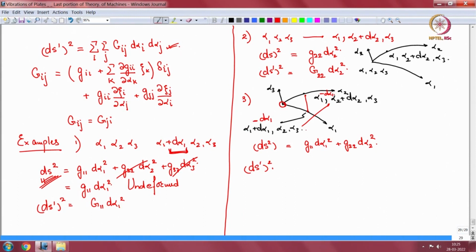This point becomes alpha 1, alpha 2, alpha 3, and this point becomes alpha 1 minus d alpha 1, alpha 2 plus d alpha 2, and alpha 3. So we want the deformed distance now between these 2 points. So you can see one of the changes, differential changes, is negative.